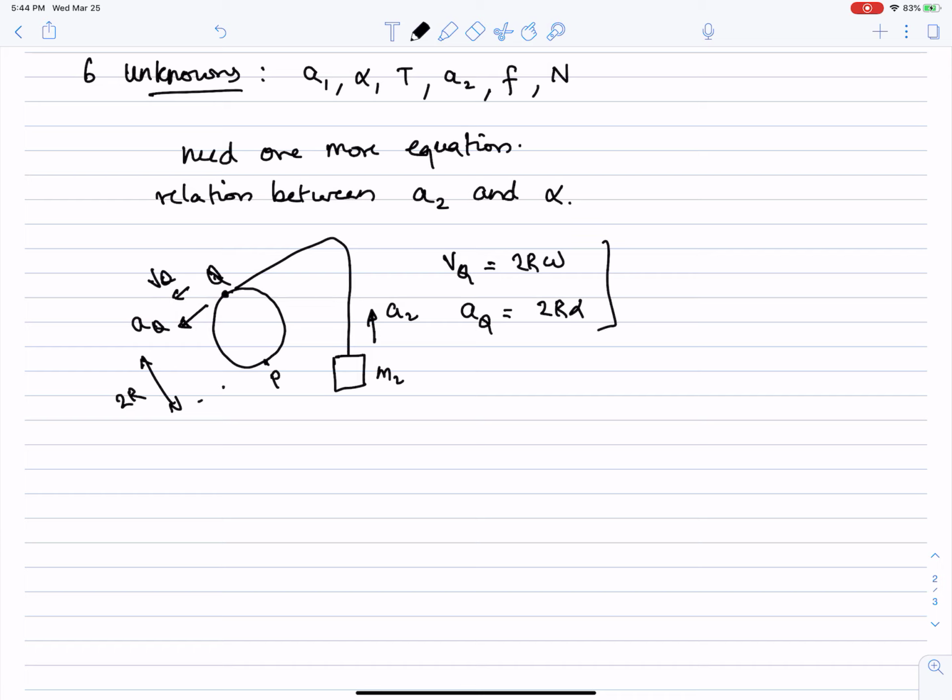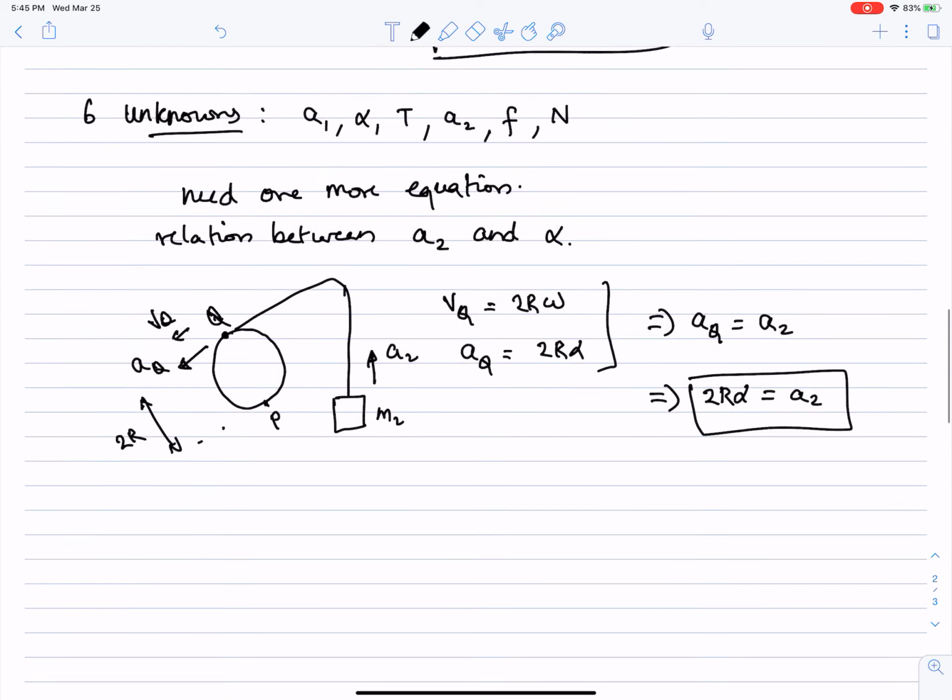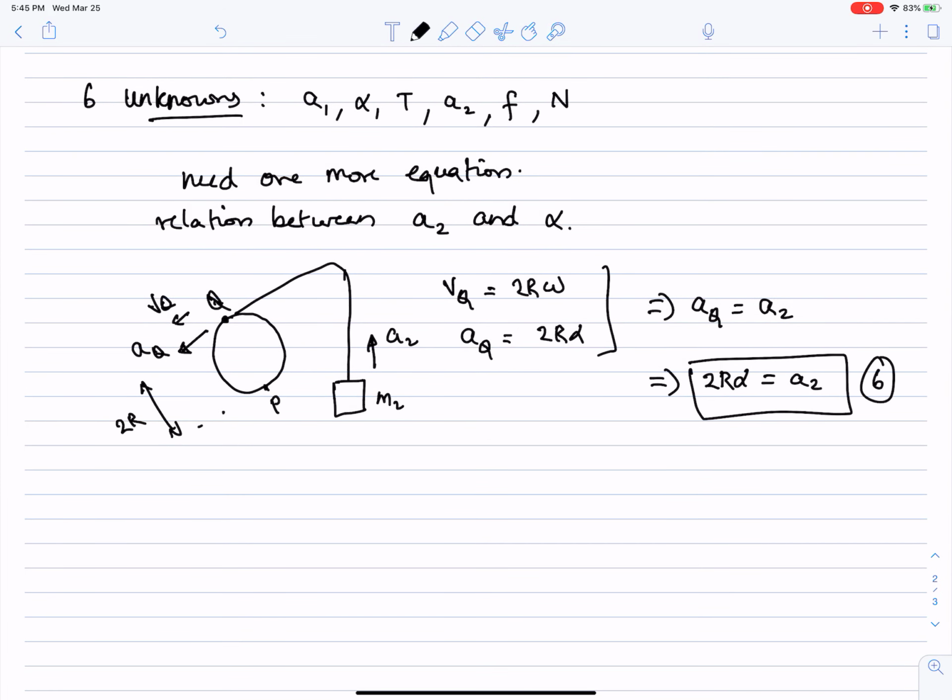Because this string is not slipping against this disk, AQ will be equal to A2, which means that 2R alpha equals A2. So this is actually the desired sixth equation.